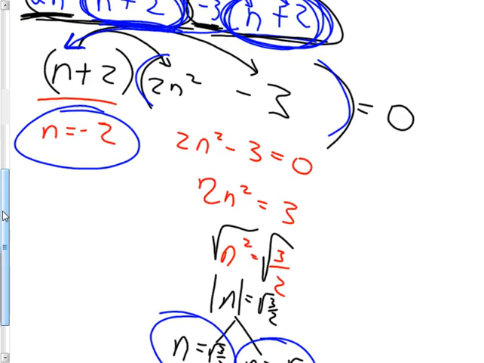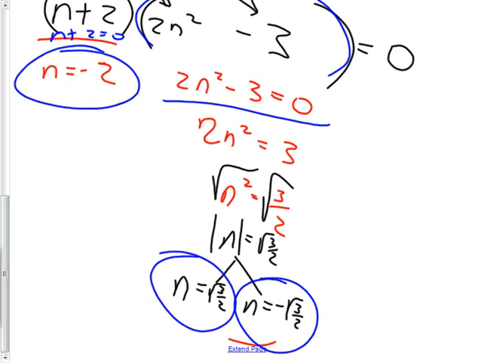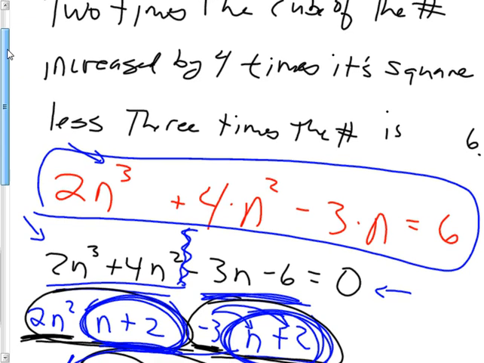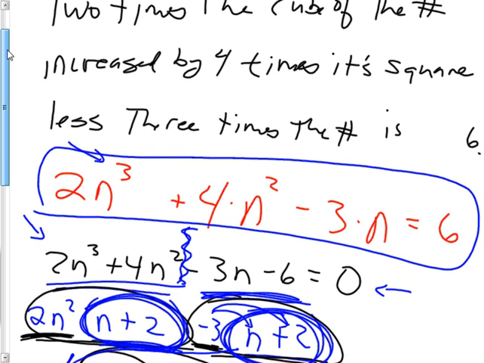Then each part of this had to equal 0. n plus 2 had to equal 0, and that works if n is negative 2. And this part here equaled 0. And then I solved that, and then whoopsie, right there. Kids are going to forget that. You have 2 answers there. The way you could have known is if you got 1 answer here and 1 answer here, you only have 2 answers. And you're just like, wait a minute, I'm supposed to have 3 answers. See, because of this.